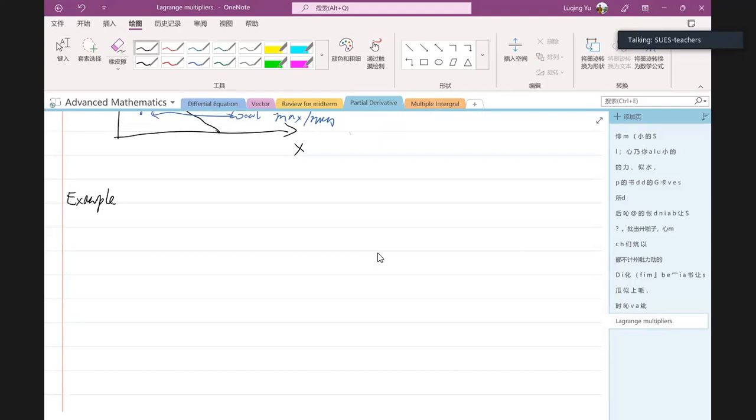If we just use pure algebra and don't think about the geometry, I think that's a much easier job to do. Okay, so let's see example one here.